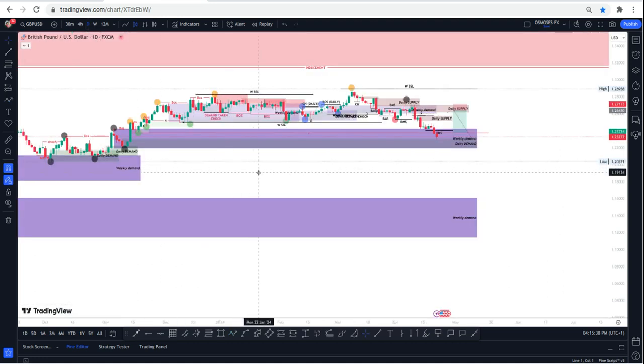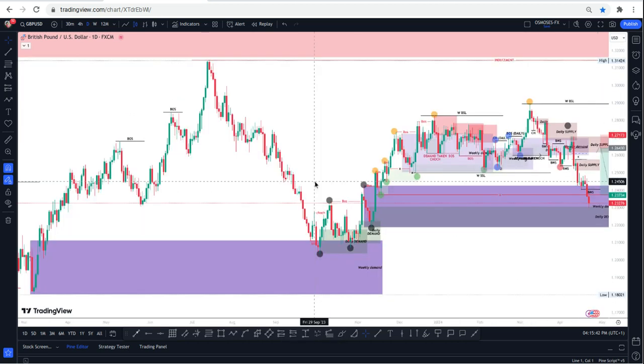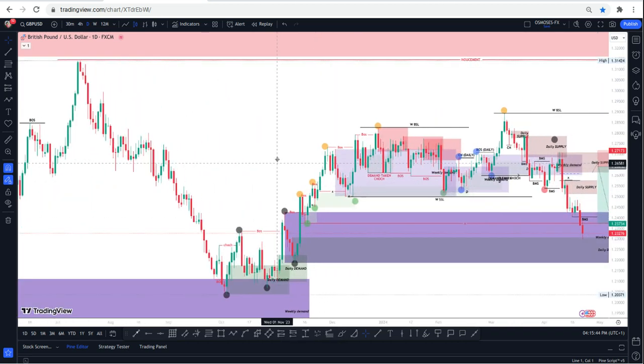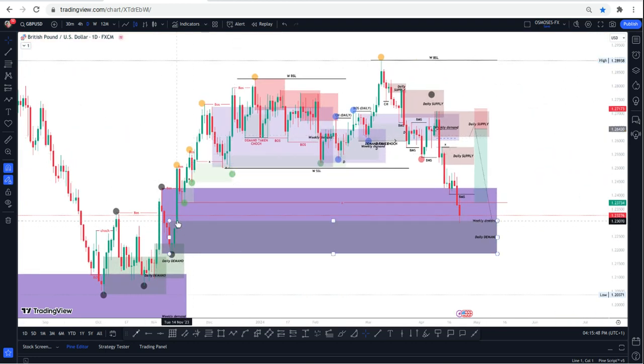Let's see what daily has. I have a lot of indications in daily though. So now in my daily, I already know that I have a daily demand, which is this one. I already see the price has taken my liquidity, and what I'm expecting is to see a buy setup here.